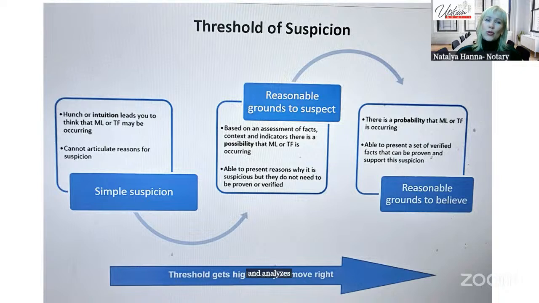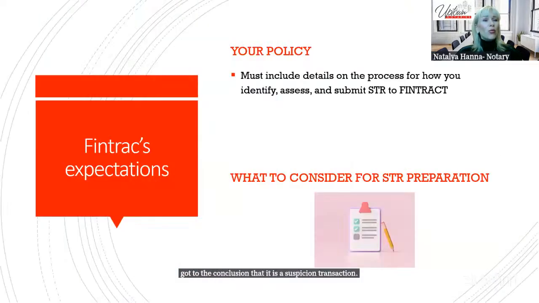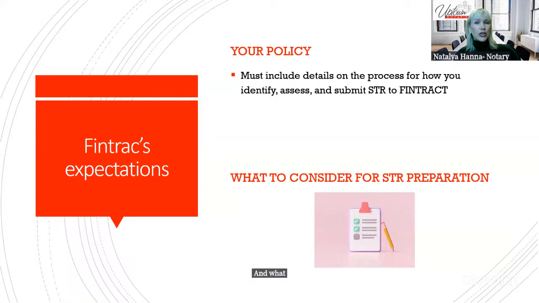It's not up to us what they will do with this information. Our obligation is just to report, even if it's not true, but based on the facts of the transaction, your suspicion led you to the conclusion that it is a suspicious transaction. And what are FINTRAC's expectations here, right?